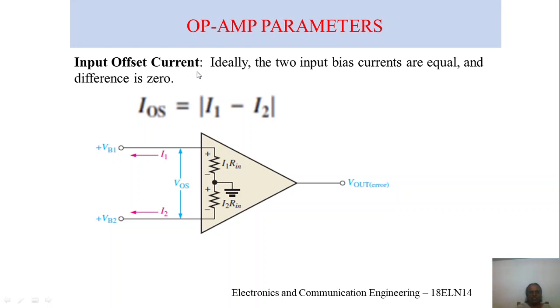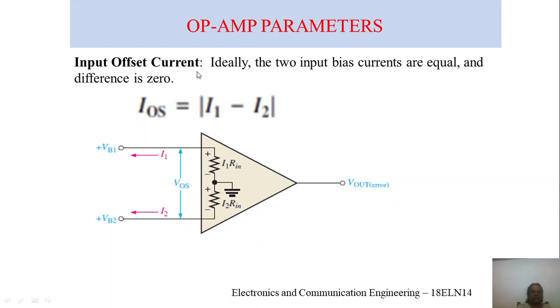Here, ideally the two input bias currents are equal and the difference must be 0. But this is the ideal condition. Practically, however, the two currents will not be exactly equal and will not be 0 also.